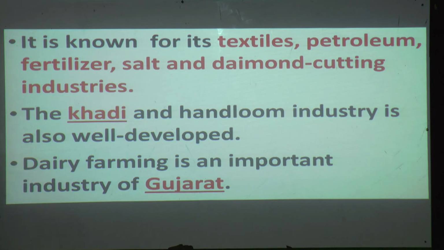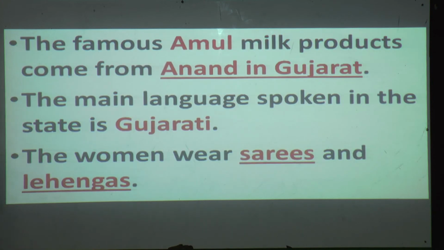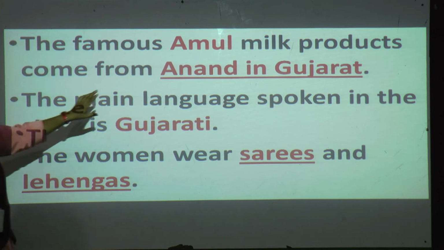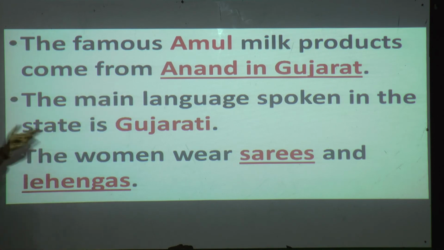It comes from Gujarat. Famous are Amul milk and Amul curd. Amul milk products come from Anand in Gujarat.